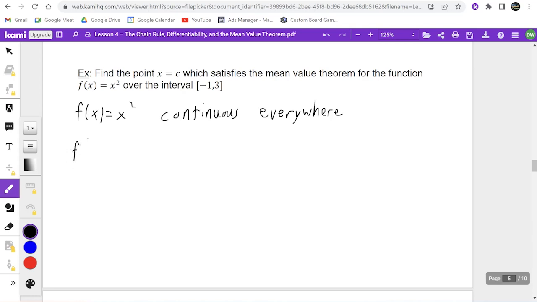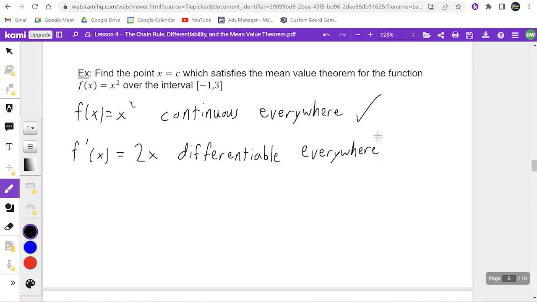Well, to say where it's differentiable, I got to take the derivative. So the derivative is 2x, and 2x, that's continuous everywhere also. But I wouldn't say continuous, I'm going to say differentiable, because differentiable is the derivative, and that's what I'm talking about. Okay, so it looks like we're good. Check, check. I've satisfied the two conditions for the mean value theorem.